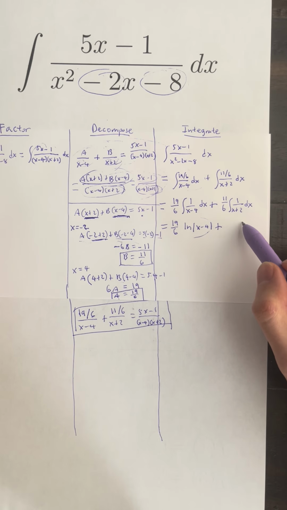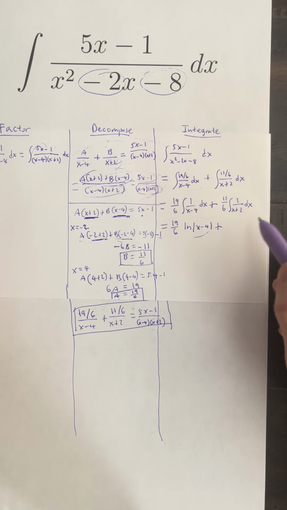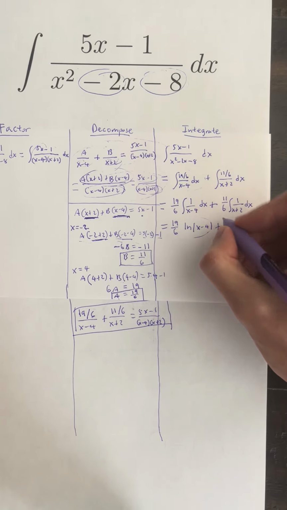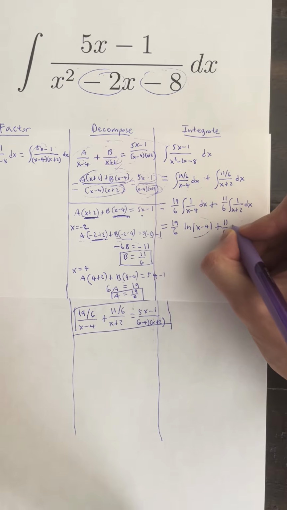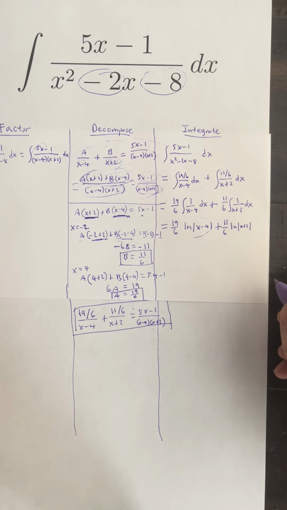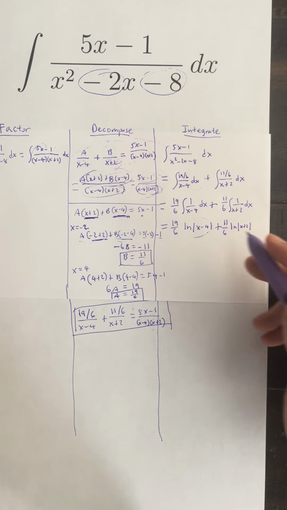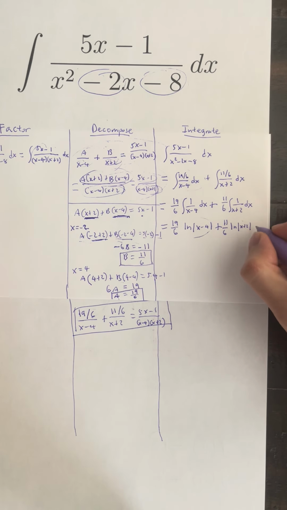I'll give you a second to pause the video and figure out what goes here. You should have gotten 11/6 times natural log of absolute value of x plus 2. Is this the final answer? No. We need to include a plus c at the end.